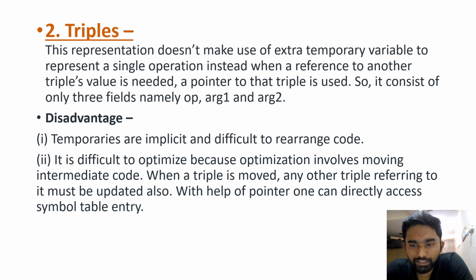So in this case, if we move a triple, we also have to update its referencing pointer. So it is very difficult to optimize our intermediate code. So that's it.